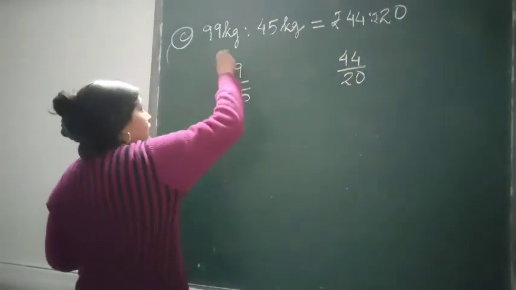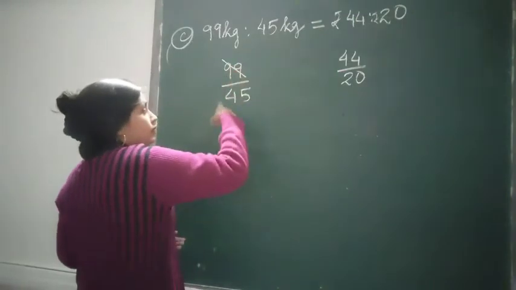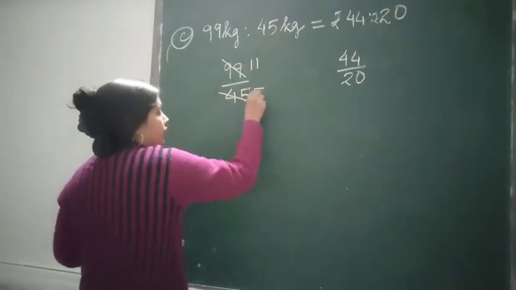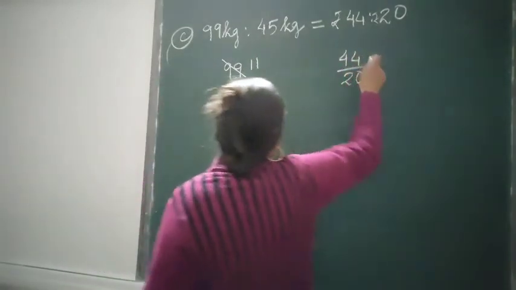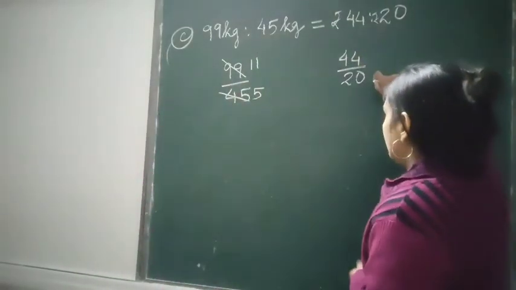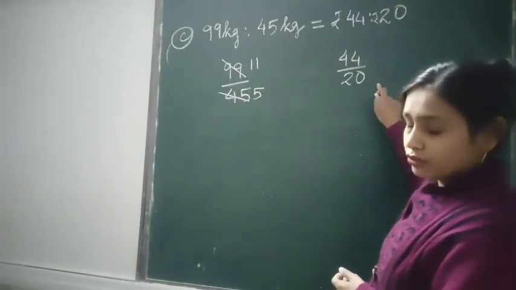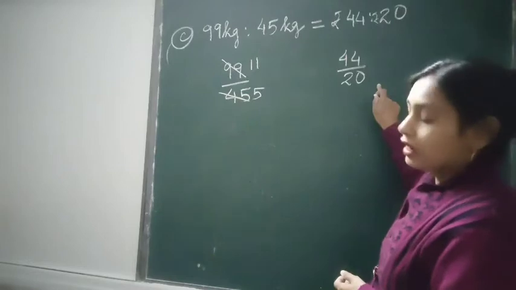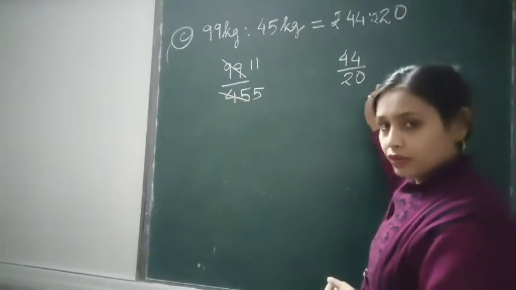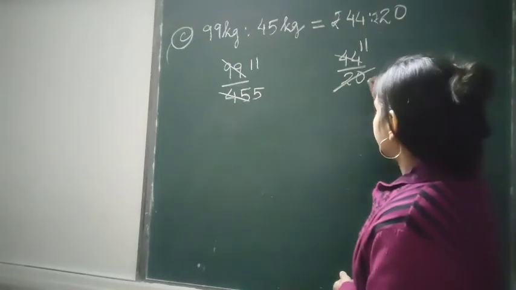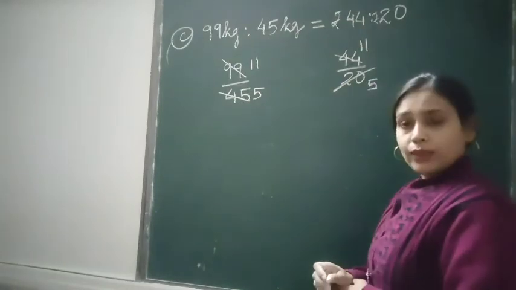So this gives us, both are divisible by 9, children. 9 11s are 99, 9 5s are 45. Now 44 and 20, both are divisible by 4, right? It is divisible by 2 also. If you want to divide it by 2, you can, and if you want to divide it by 4, you can divide by 4 also. 4 11s are 44, 4 5s are 20.